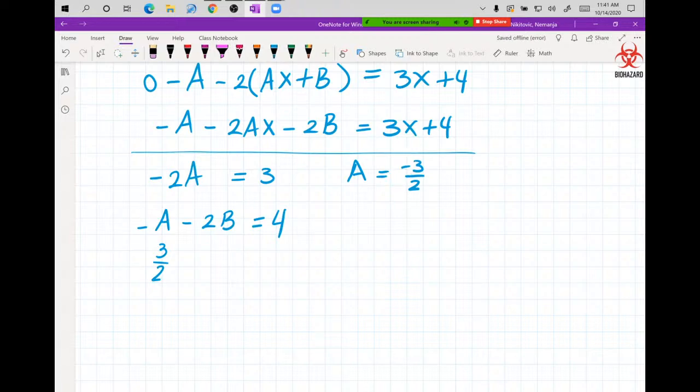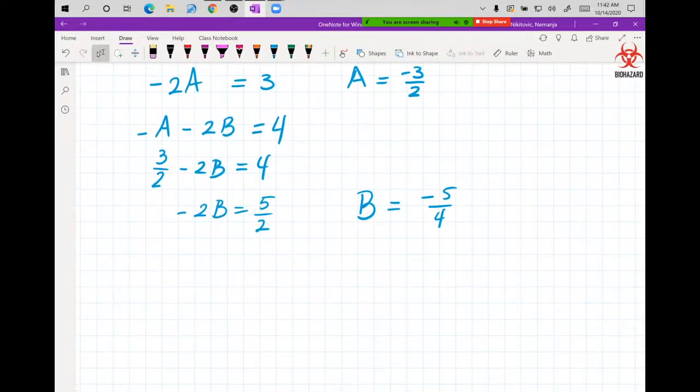So we just have a 3/2 minus 2b equals to 4, which gives us negative 2b is equal to 5/2 when you subtract 3/2 from 4. That's 8/2. So 8 minus 3 is 5. And then we divide both sides by negative 2. So b turns out to be negative 5/4, right? Because when you divide 5/2 by 2, you get quarters. So 5/4. And there are the coefficients.